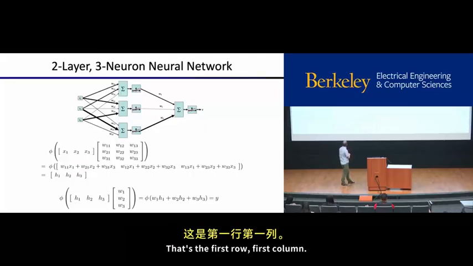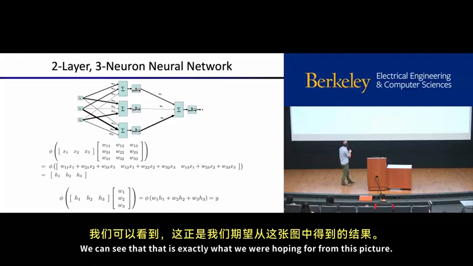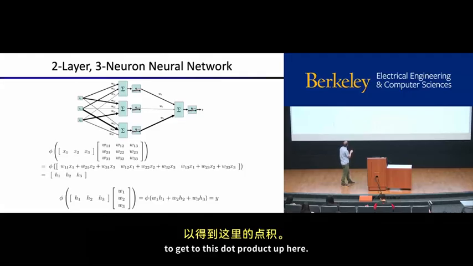And so again, you can see H1, that's the first row, first column. So we go first row, first column. We have x1 times w11, x2 times w21, x3 times w31. We can see that that is exactly what we were hoping for from this picture to get to this dot product up here.